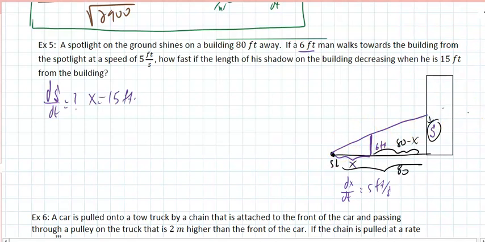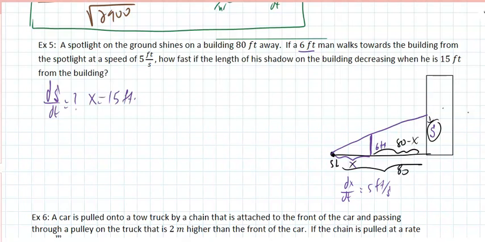When the man is 15 feet from the building, how fast is the length of the shadow on the building decreasing?